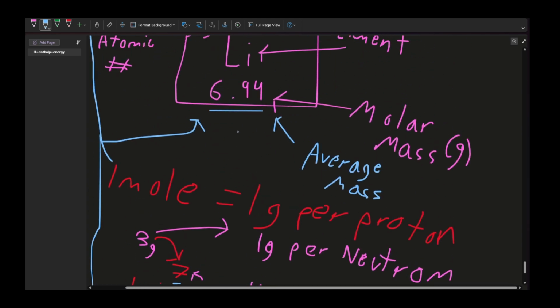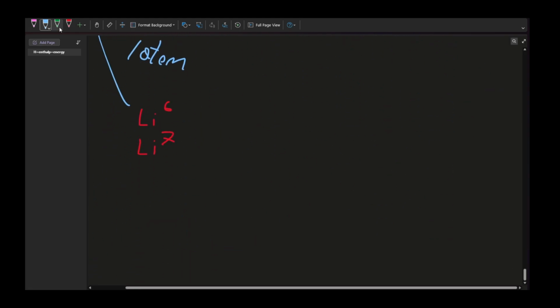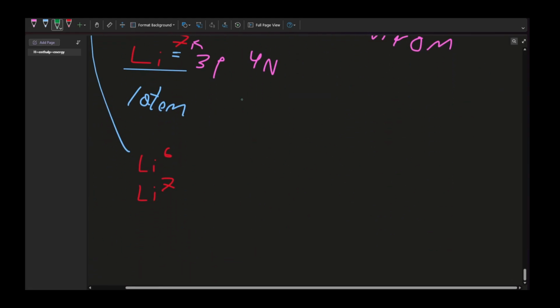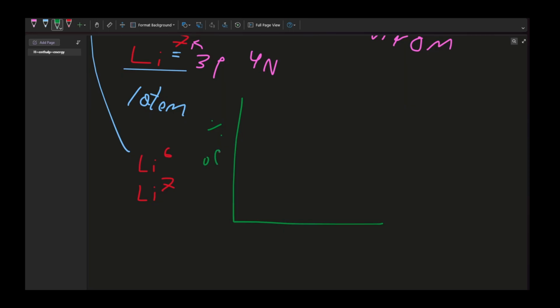So let me ask this a different way. One of the AP questions you get on a test is you'll get a graph that looks like this, and it'll be an isotope graph. And over here will be the percent of, I think they call it abundance on the test.